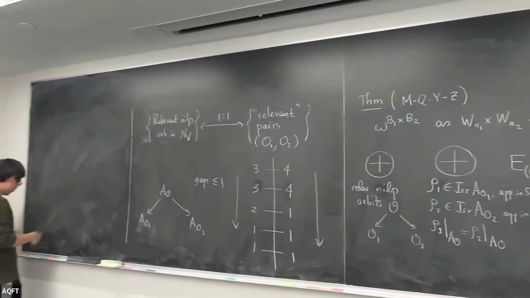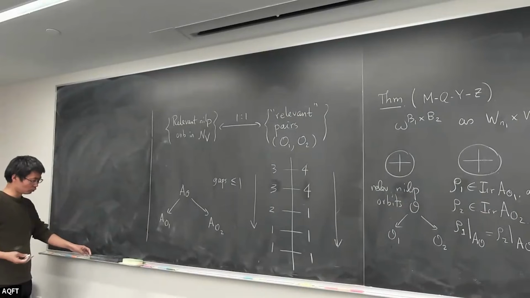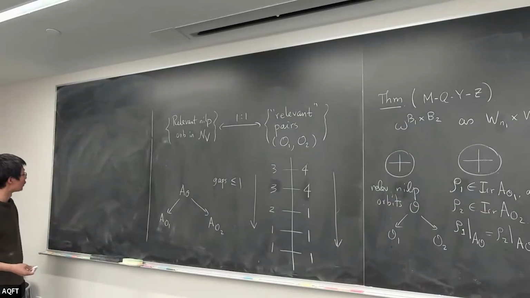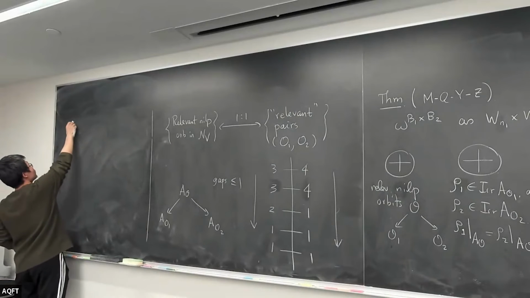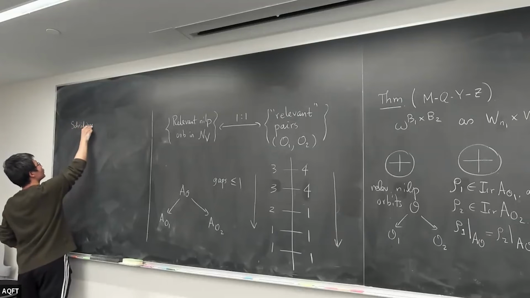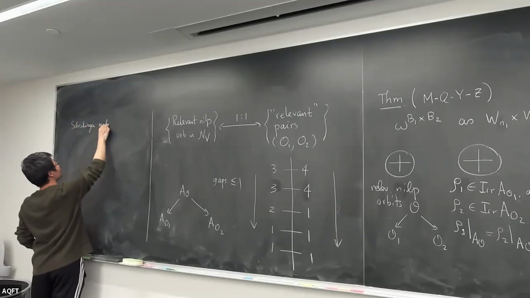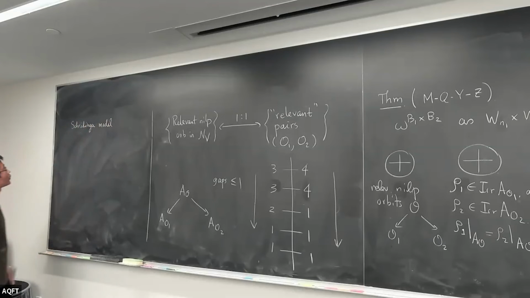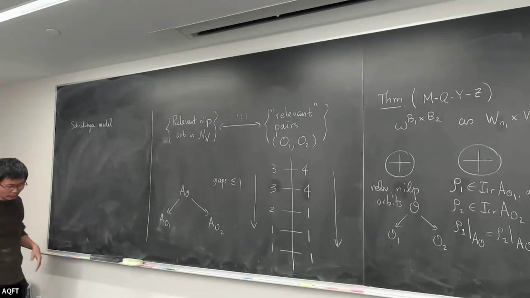So I need to review a little bit of how one works with the Weil representation. The mysterious thing about the Weil representation is that there's not a single realization of it that allows us to see all the symmetry.